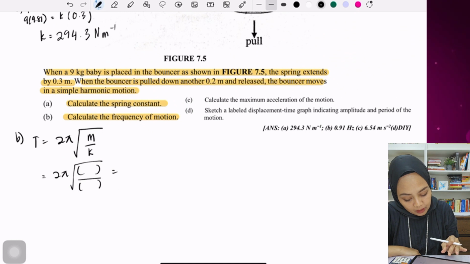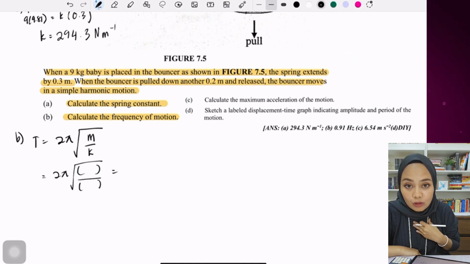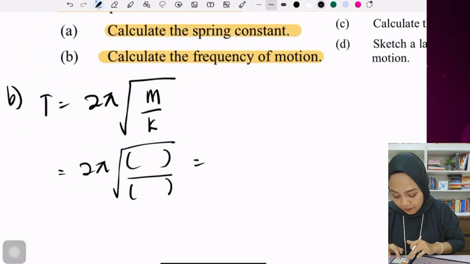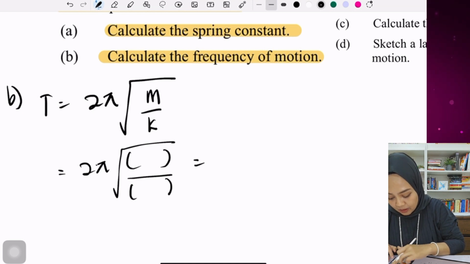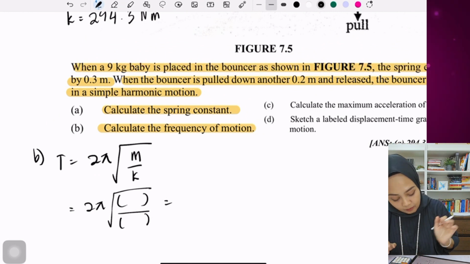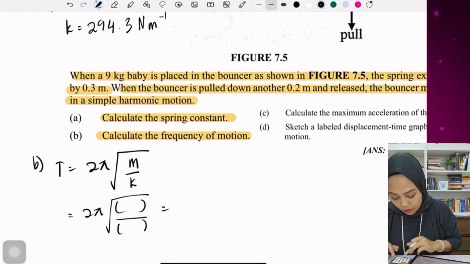We are trying to look for the period, for the frequency. So we have to find this. Let me try. 2 times pi, times square root of mass, 9 kg, divided by K, 294.3.